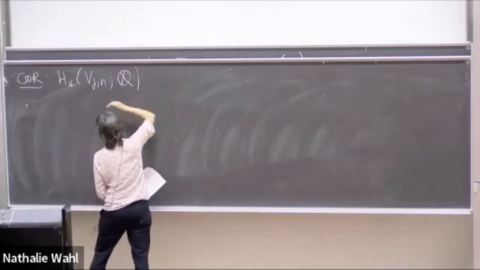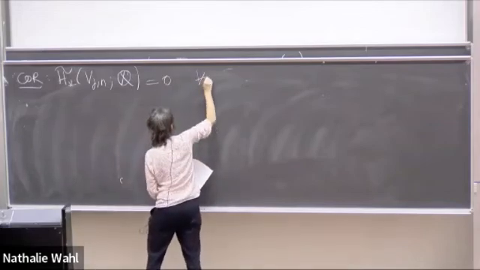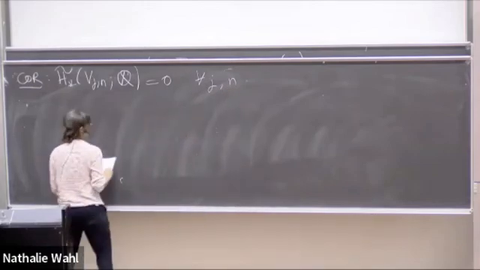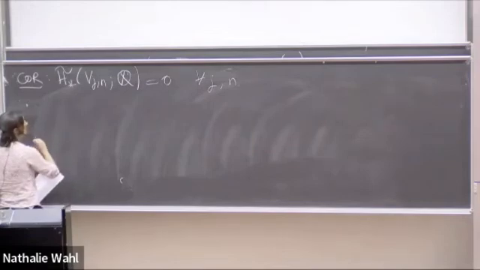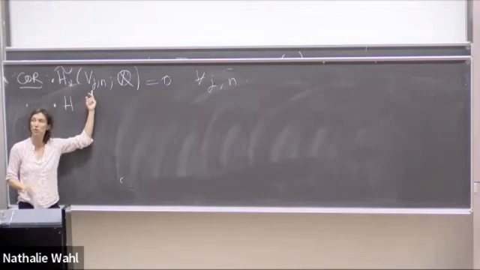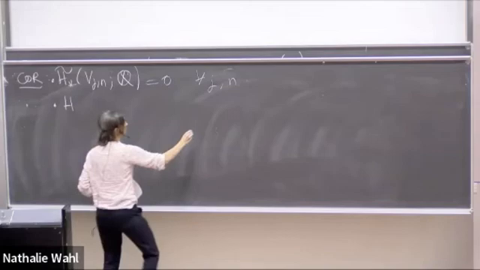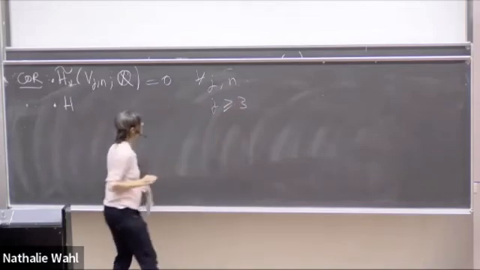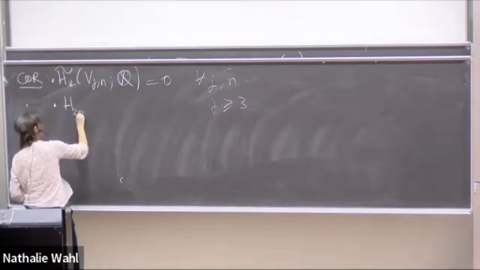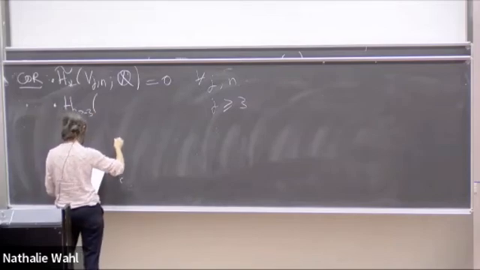So it's 0, for all J and N. And another computation you can make is, we saw the homology when J is equal to 2. There is no homology at all. Also integrally, if you put J bigger or equal to 3, then there is homology actually.